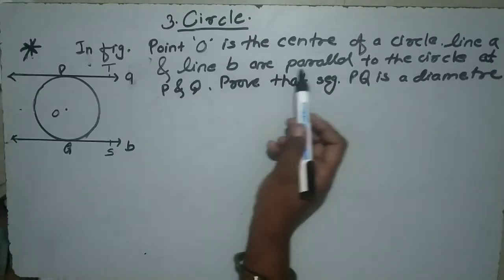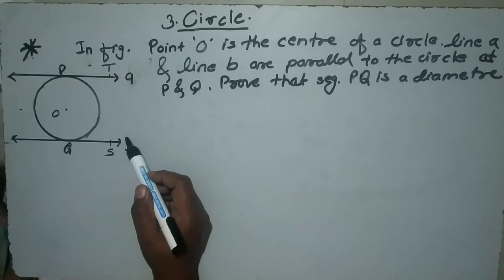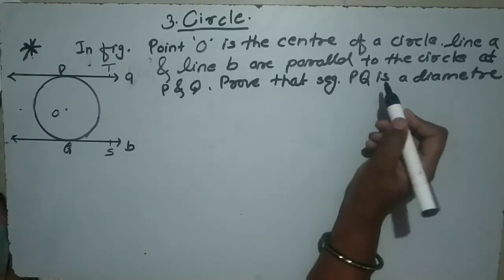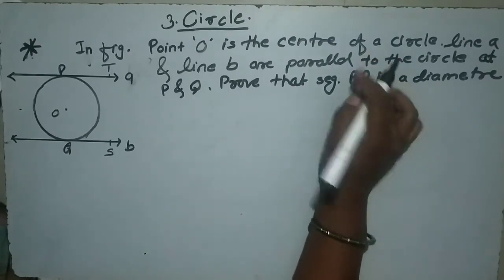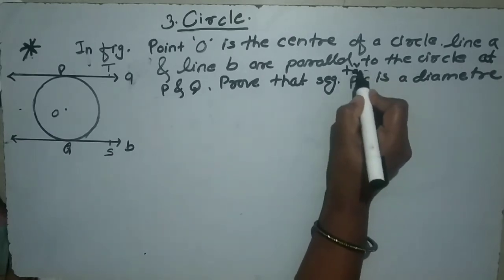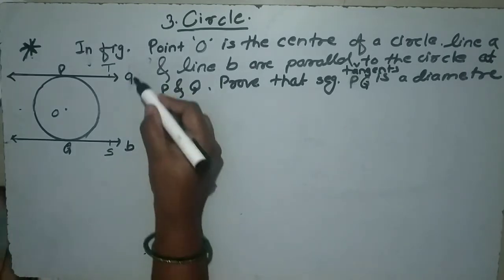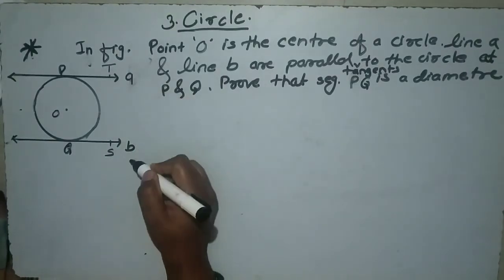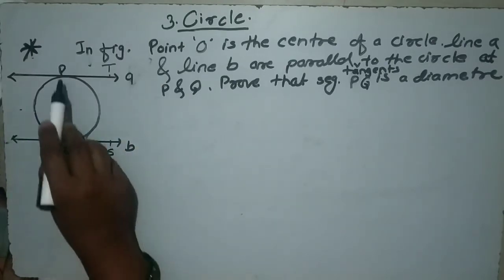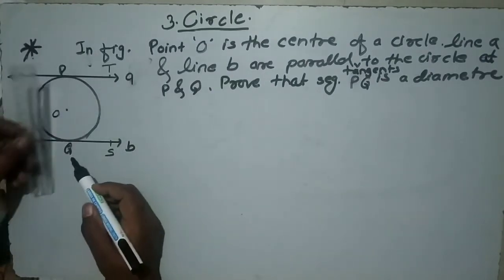Line A and line B are parallel tangents to the circle at points P and Q. This line A and this line B are parallel to each other, and also they are tangents because they touch the circle at a single point. Then we have to prove that PQ is a diameter.